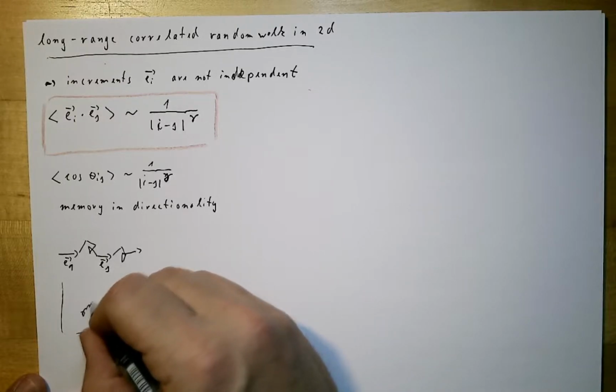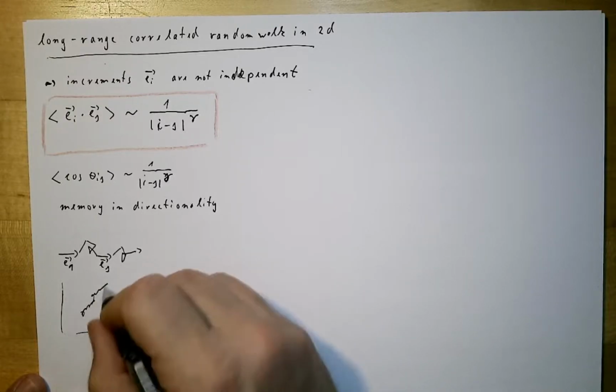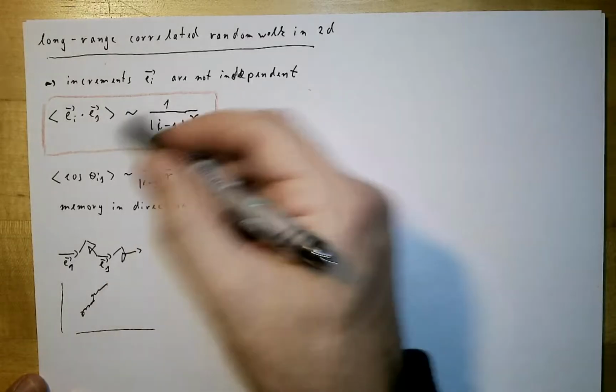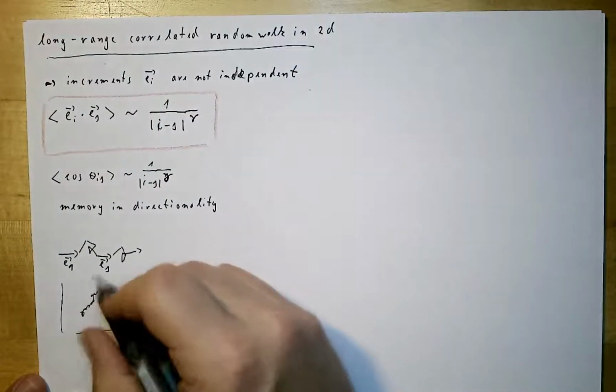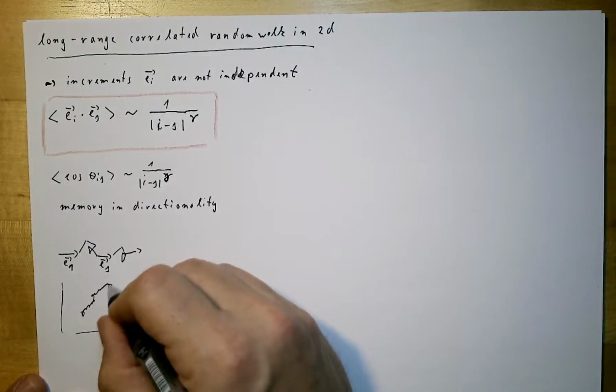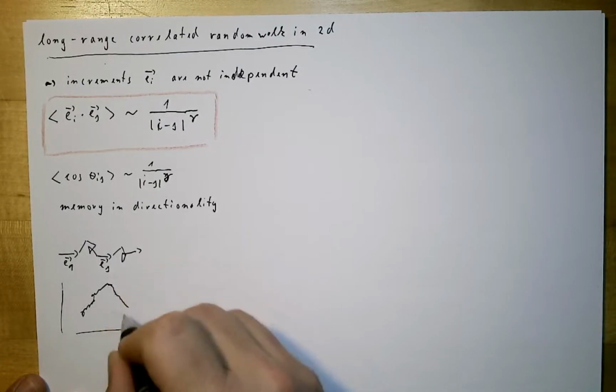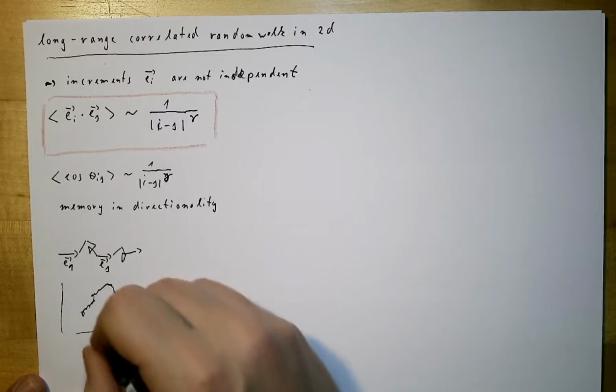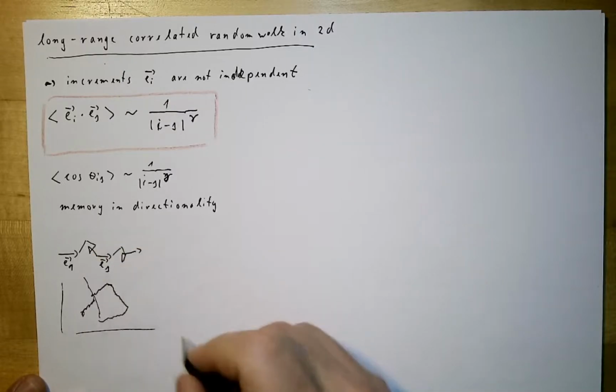So there is a tendency of the walker to go in some direction, and then later of course he will turn, because on average there is no preferred direction, but then there is a tendency to go in this direction, then here. So basically there is a persistence.